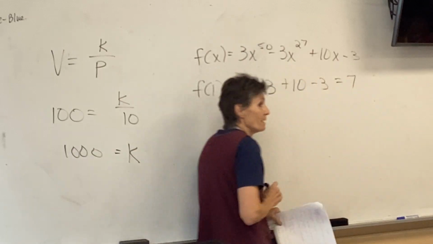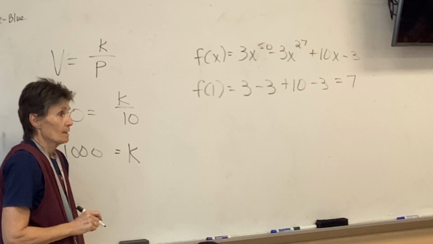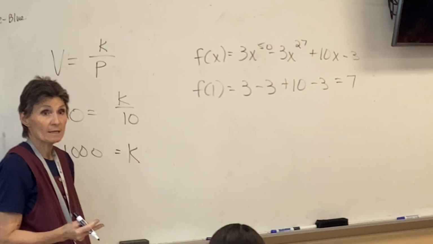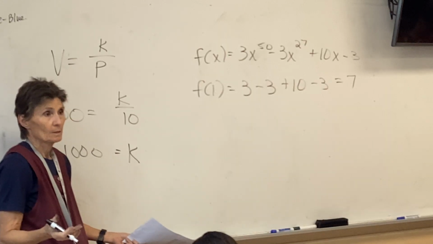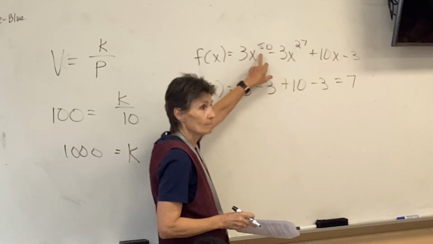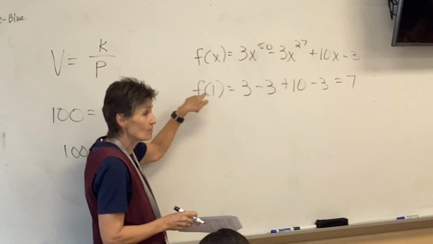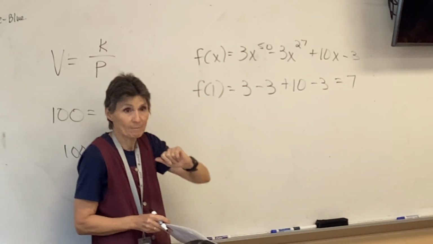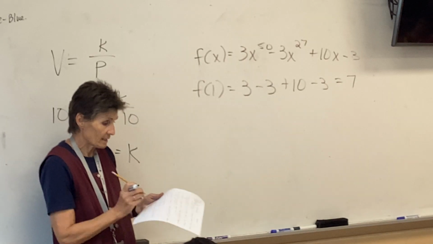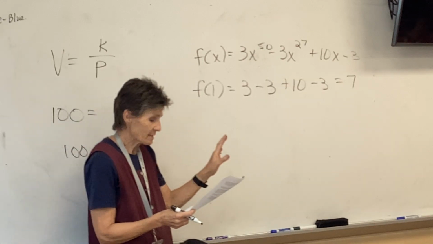And it looks like the remainder is 7. There are 2 ways to find the remainder. One is to physically divide. It is very inconvenient in this problem to divide. So the other way is plug in the number that you were going to divide by. So I was going to divide by 1, now I just plugged in 1.